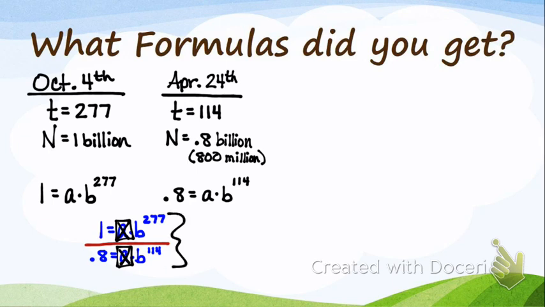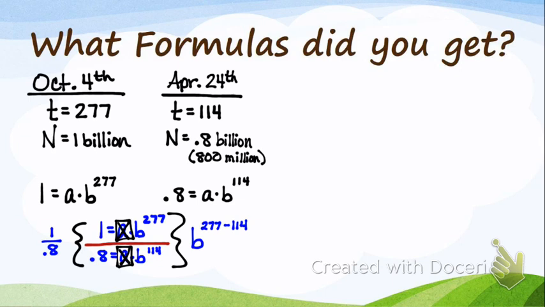You subtract the powers. So this would be B to the power of 277 minus 114. And over here, I'm going to have 1 divided by 0.8. So far, so good? Yeah.